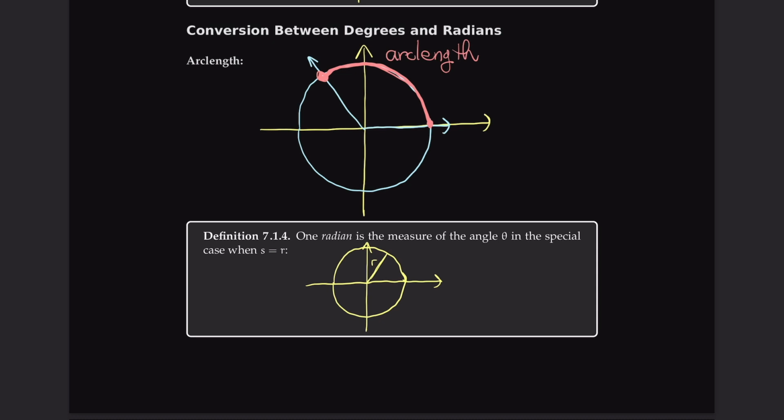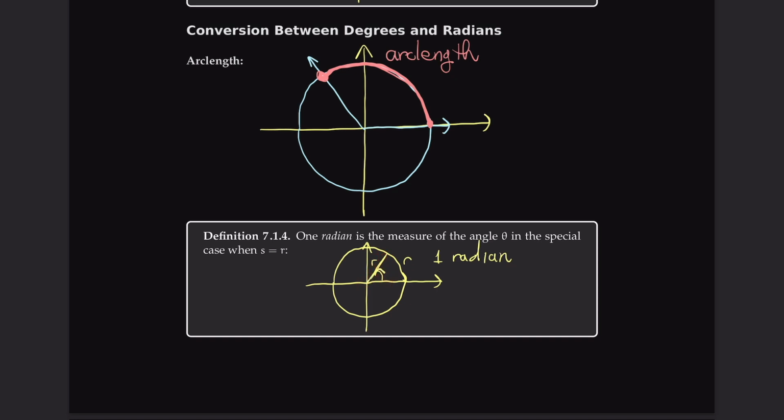And so if we have an arc that is 1 radius length, then we're going to call that 1 radian. So we'll call that angle 1 radian. So this angle right here, where the length of that arc is the same as the radius, is going to be called 1 radian.